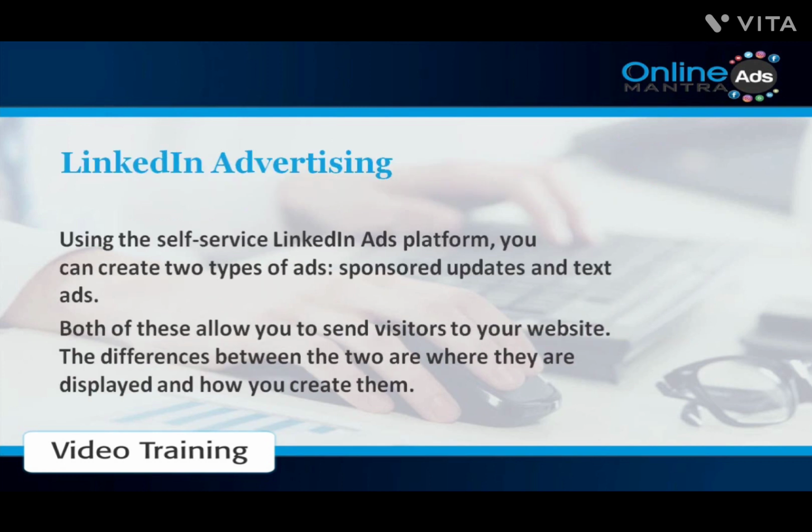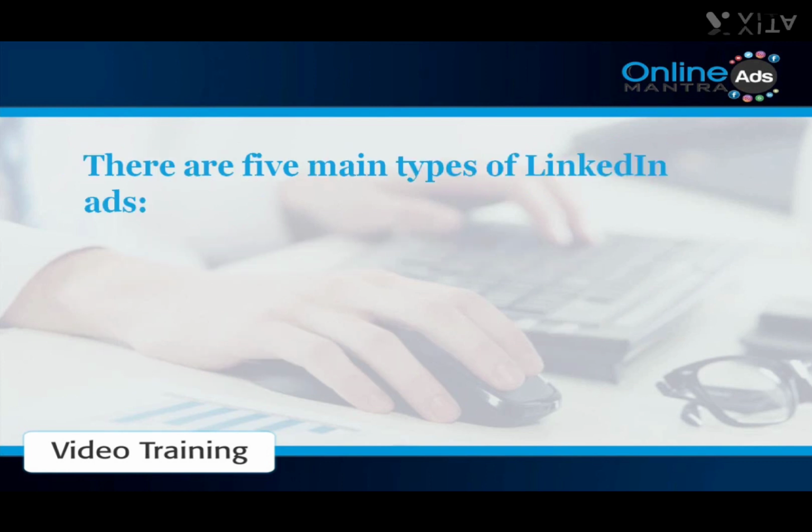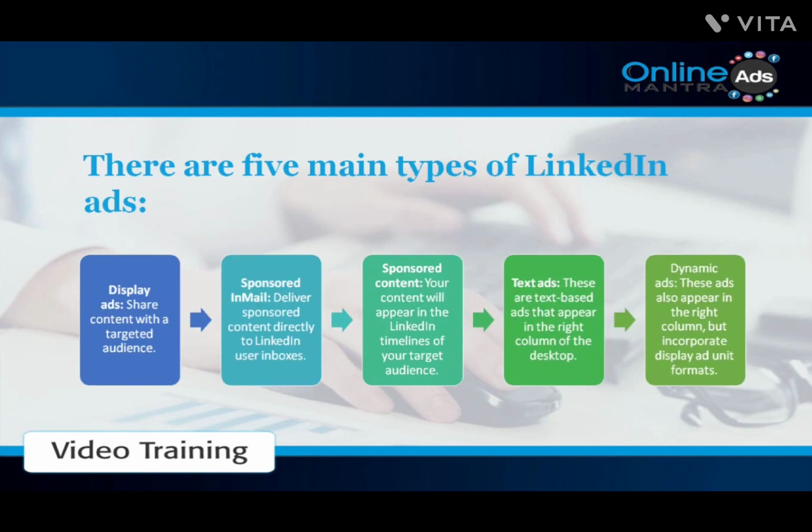LinkedIn advertising. Using the self-service LinkedIn ads platform, you can create 2 types of ads, sponsored updates and text ads. Both of these allow you to send visitors to your website. The differences between the two are where they are displayed and how you create them. There are 5 main types of LinkedIn ads. Display ads: share content with a targeted audience.